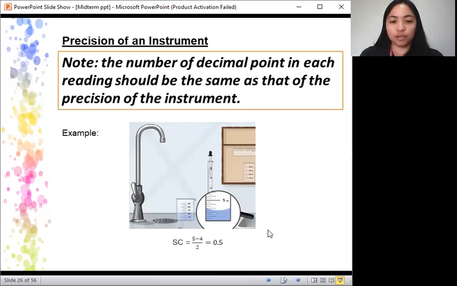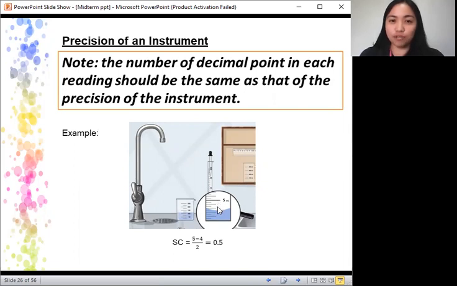To get your smallest calibration, you have to get any two scales. So choose any two scales. Let's choose 5 or 4. There is no 4 there, ma'am. So always remember that before you reach 5, there must be 1 ml, 2 ml, 3 ml, or 4 ml. Even if 1, 2, 3, 4 are not labeled there, you know that these lines here are 1 ml, right? 2, 3, and 4, and then comes 5.